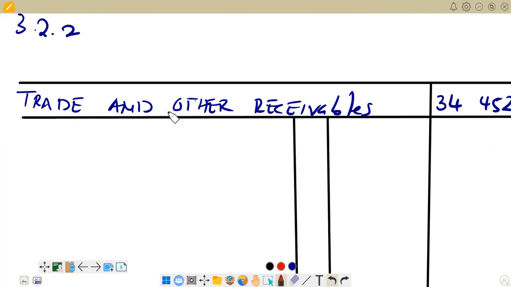So this is what we have in terms of the trade and other receivables note. In this note, the figure that we are going to start with is the figure for the trade debtors, accounts receivables, depending on the question. The figure that we are supposed to get there is 34,452 for trade and other receivables. So we can just go there and check what figure we have for trade debtors.